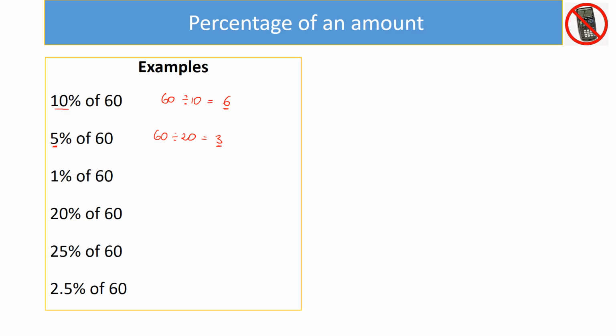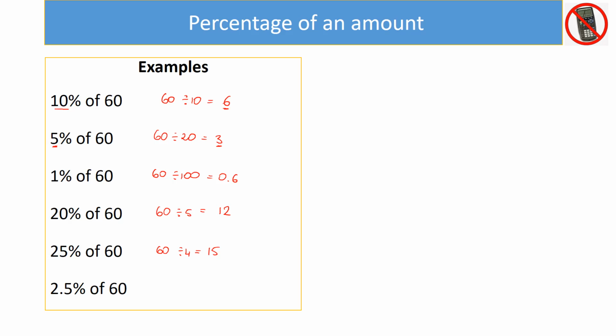Now to find 1% of 60, I need to divide it by 100, and that is 0.6. To find 20% of 60, we need to divide by 5, remember, because there are 5 lots of 20s in 100, and that is 12. To find 25% of 60, we need to divide by 4, because we have 4 lots of 25s in 100, and that is 15.